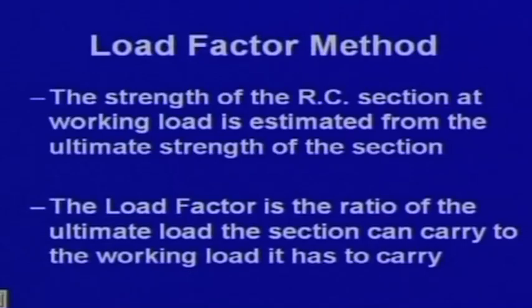The strength of the RC section at working load is estimated from the ultimate strength of the section. So, we can find out the strength of the RC section due to whatever working load is actually given, we can calculate from the ultimate strength of the section.